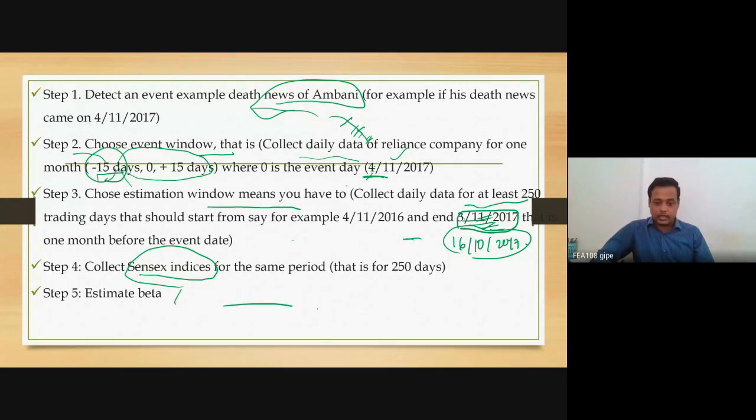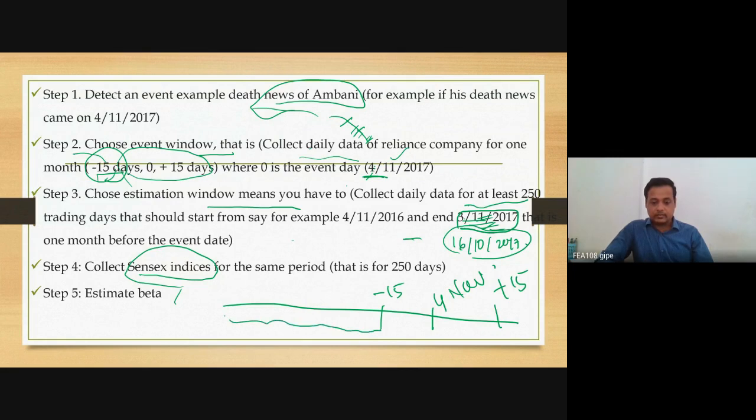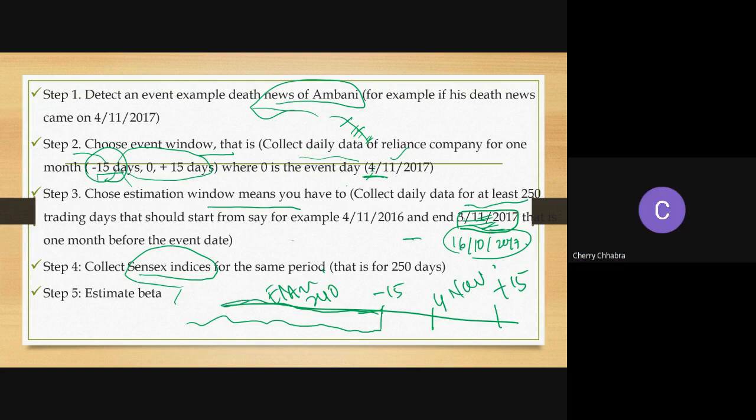If you plot it, this is your 4th November, and this is minus 15 and plus 15. Your estimation window will start from this date. You take 240 or 250 days from this date. Okay, sir, understood.